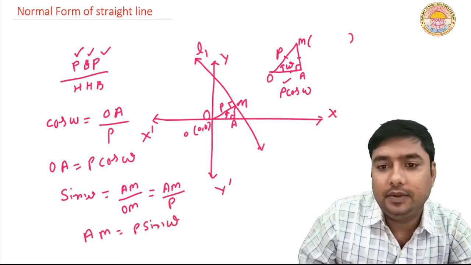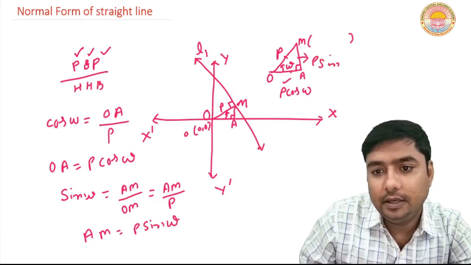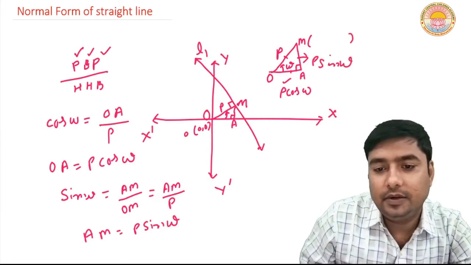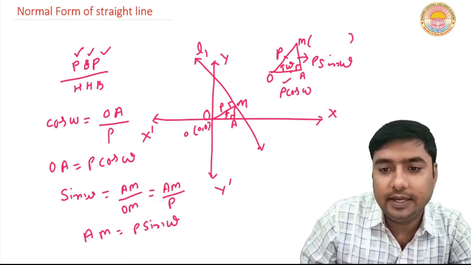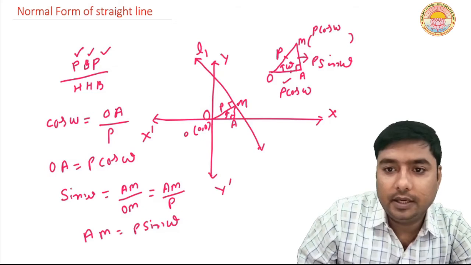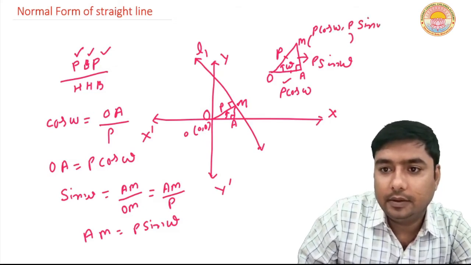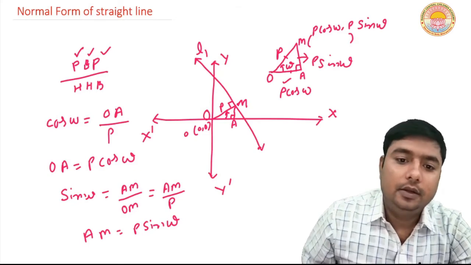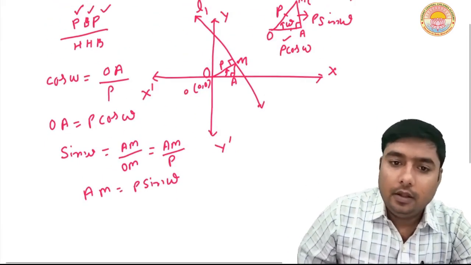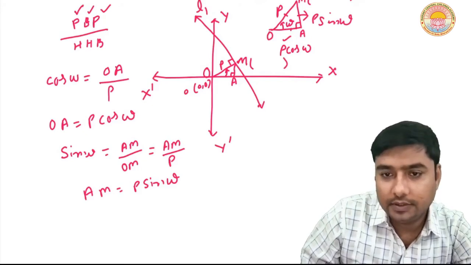So this value is P sine omega. If this distance is P cos omega and this distance is P sine omega, what is the coordinate of M? M is (P cos omega, P sine omega). This is the coordinate.